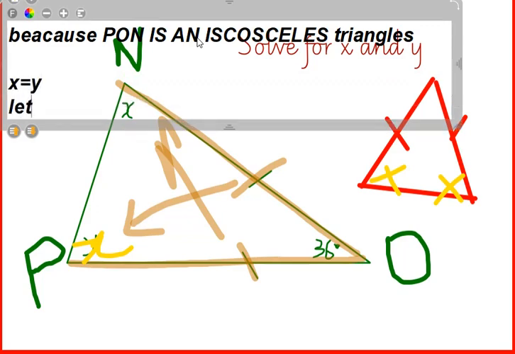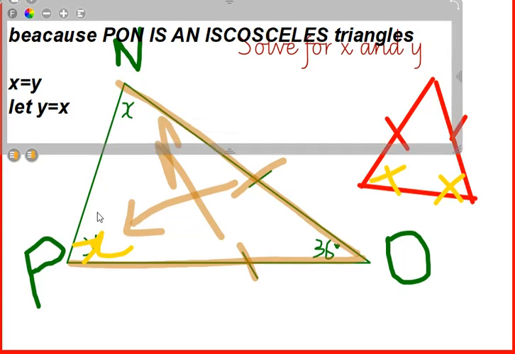So we're going to say let y equal x. So we've just said let this y here equal x because PON is an isosceles triangle.